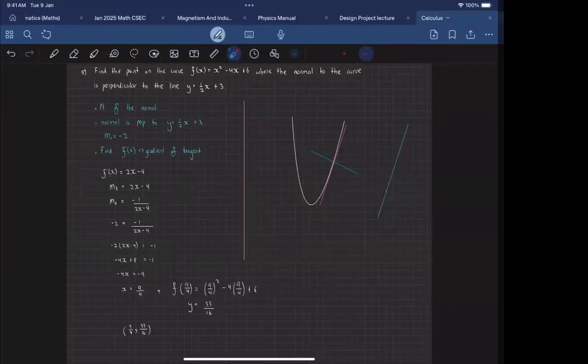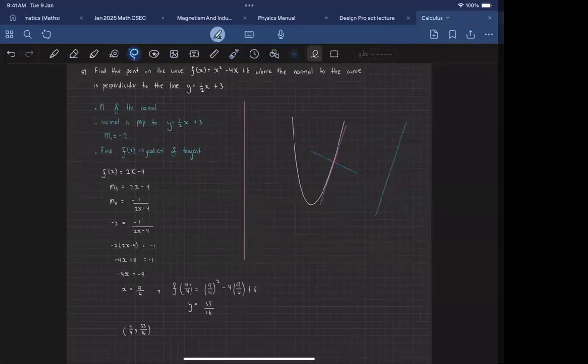Because watch, if this is the normal and this could be the tangent, and they gave us some other line that is perpendicular to the normal. It doesn't matter where this line is, it will always be perpendicular to the normal, right?